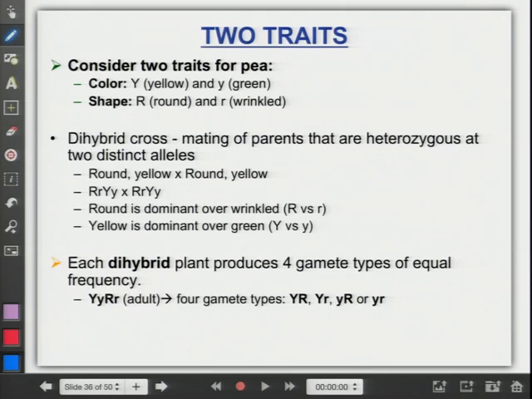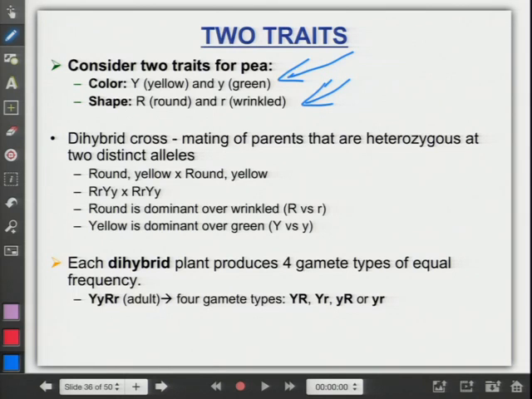Homozygous for tall, heterozygous for color: big T, big T, and big G, little g. You need to think about phenotypes: what is their genotype? I give you the genotype, you tell me the phenotype. Okay? And it looks something like that.